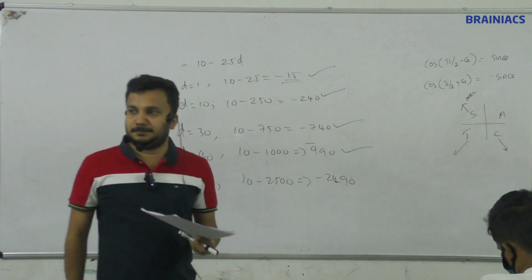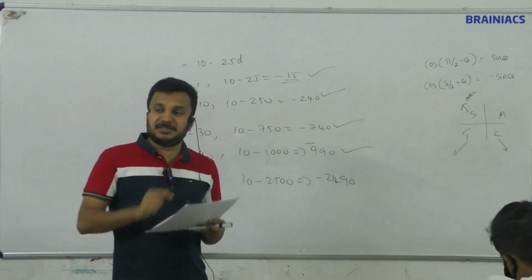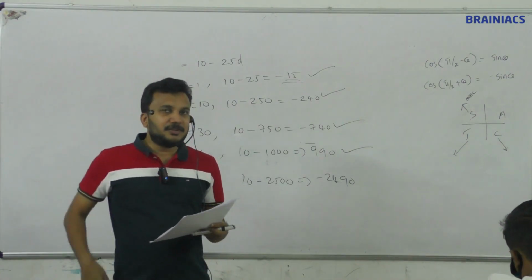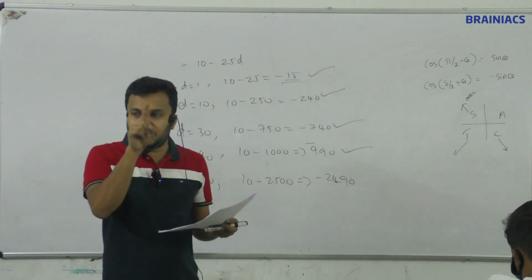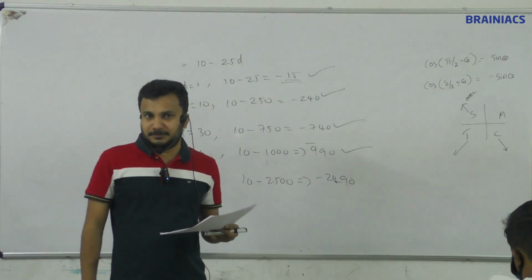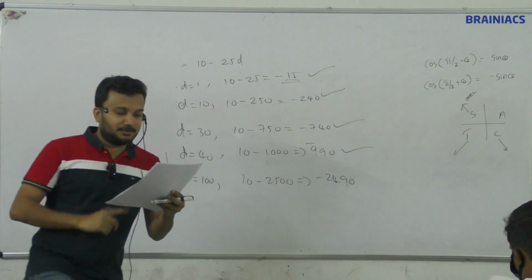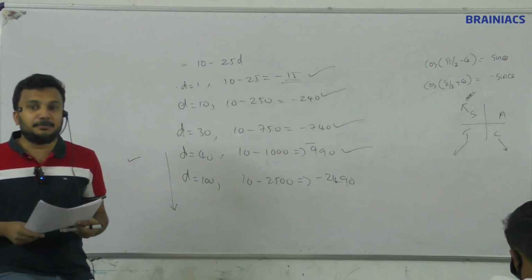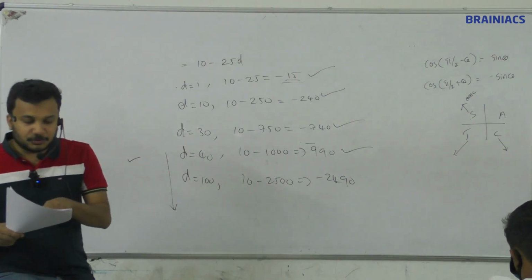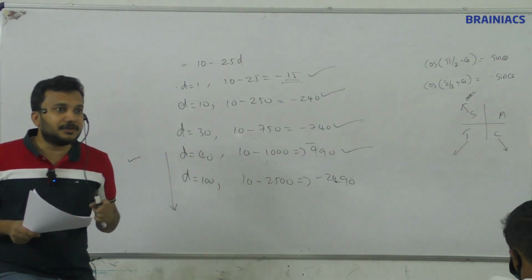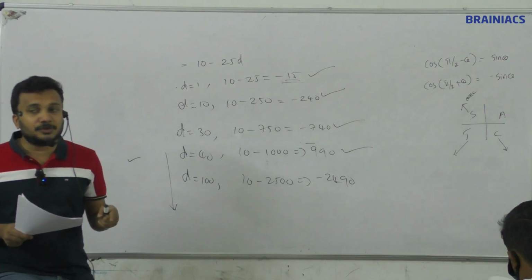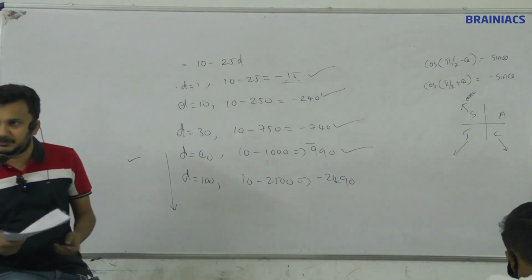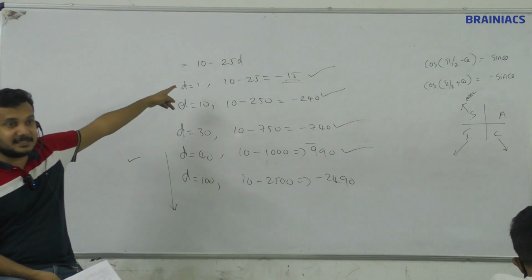Meter inverse. Correct. But the option is given in what? Centimeter. So 40 centimeter means you have to take 0.4. That is one important point. Diopter is given in unit of meter inverse, but the answers are given in 40 centimeters, so you have to convert into 0.4.